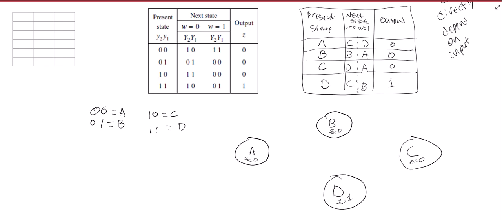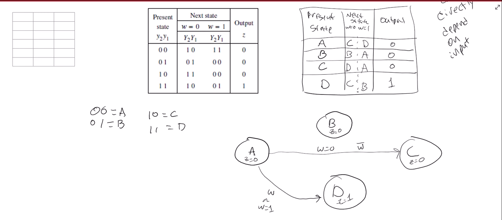If I'm in state A and W is 0, I go to C. I like to write it as W equals 0, but you can also just indicate it as W bar. If W equals 1, you would go to D, so that would be W. You could also write it as W equals 1.